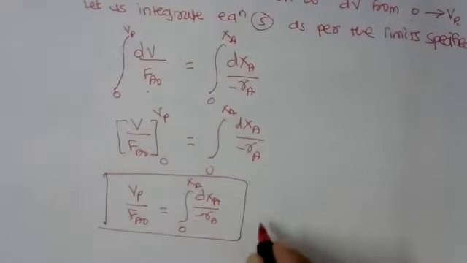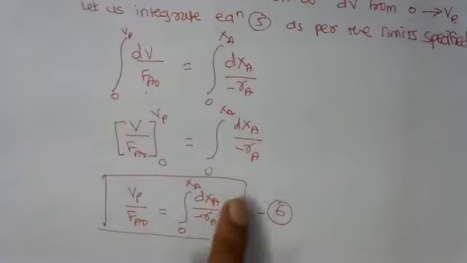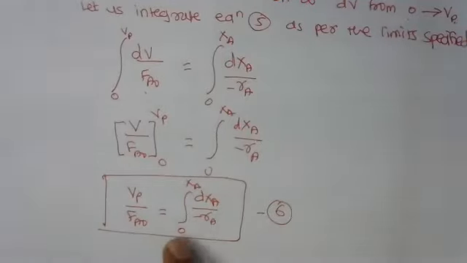This equation 6 is the first performance equation for the plug flow reactor in terms of volume of the plug flow reactor, molar feed rate, conversion, and rate of disappearance, when the conversion is varied from 0 to Xa.